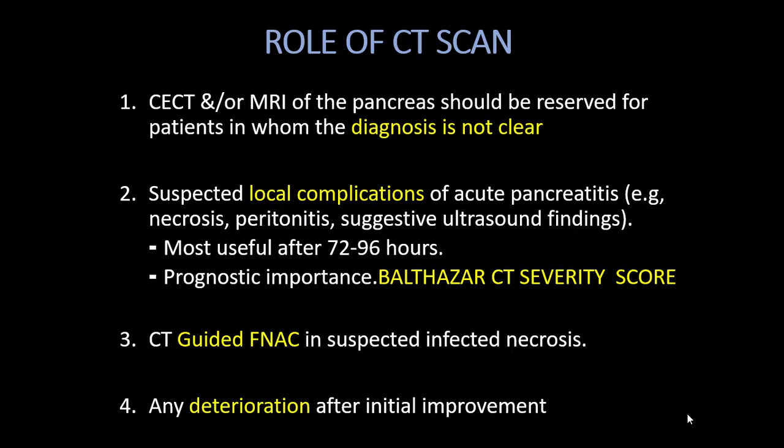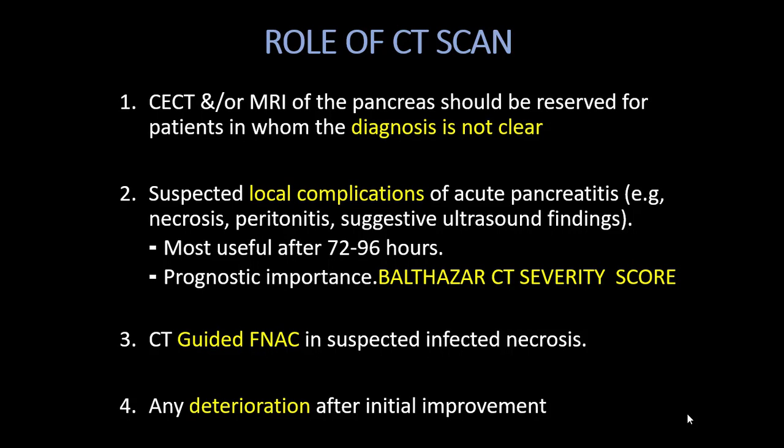Is there any role of CT scan for the diagnosis of pancreatitis? No. When your diagnosis is not clear, CT and MRI of the pancreas should be reserved for those patients.